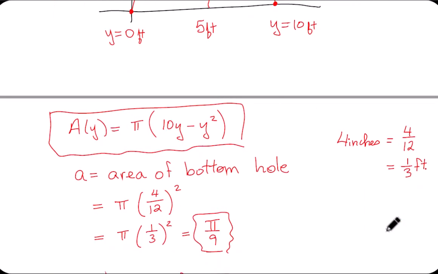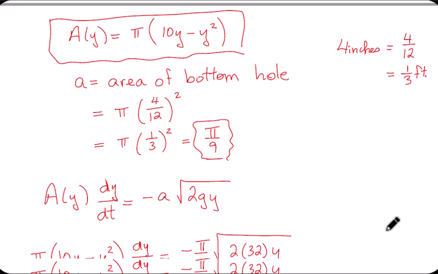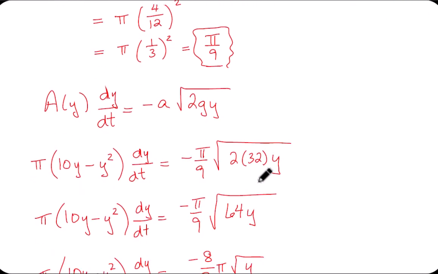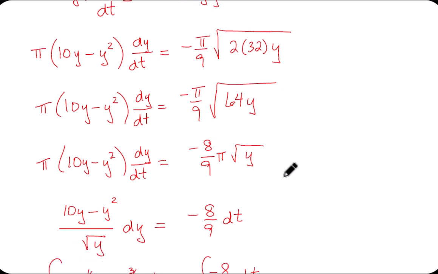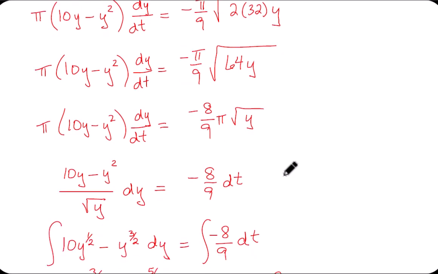Plugging all this in, here's my formula: the cross-sectional area, the area for the hole, and the gravitational constant. 2 times that is 64, which is nice because the square root is 8. Still grinding, still cleaning up. At this point, I'm trying to make it into a separable equation.